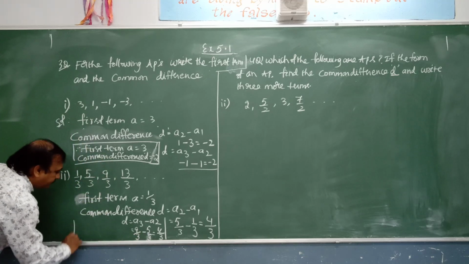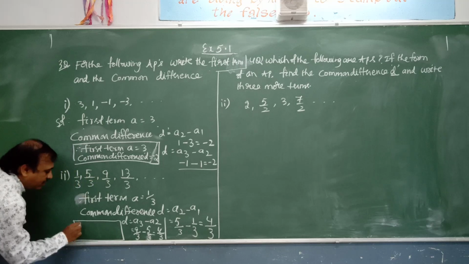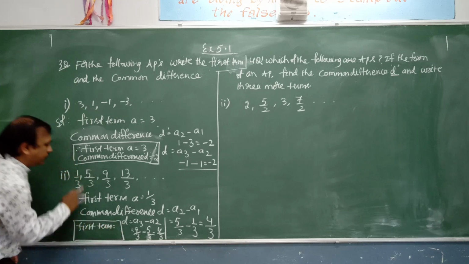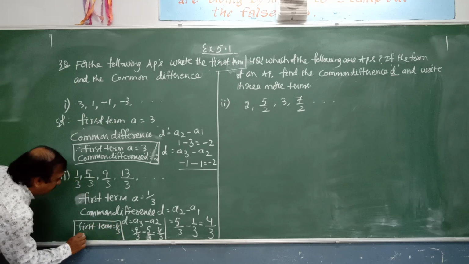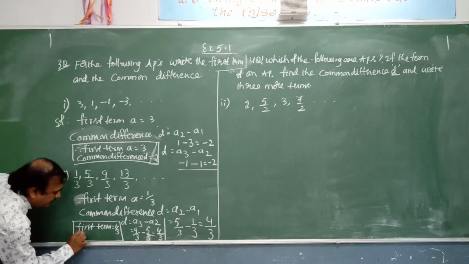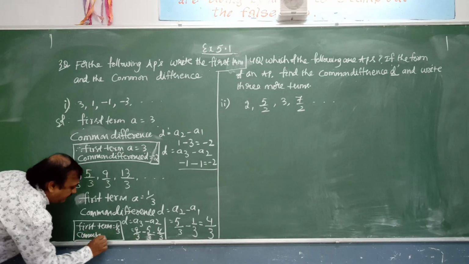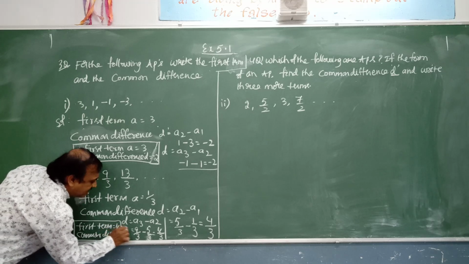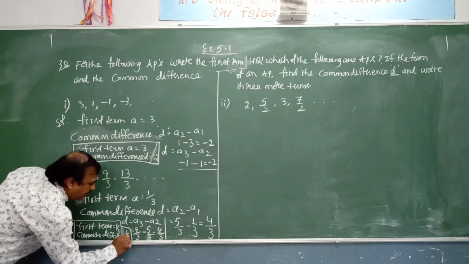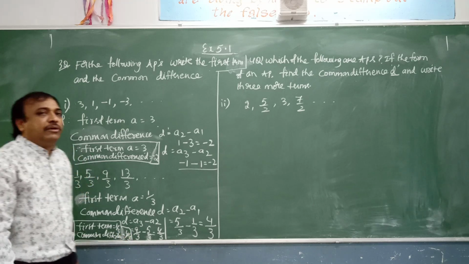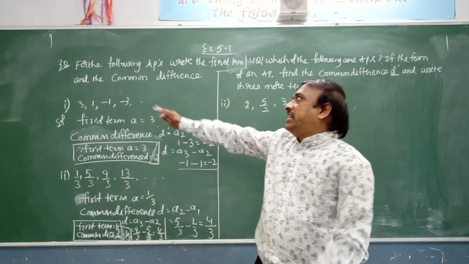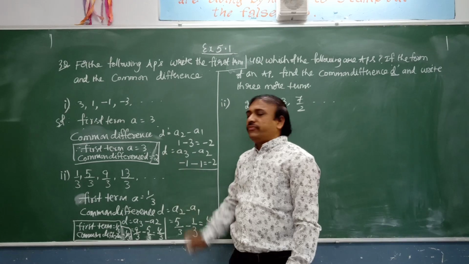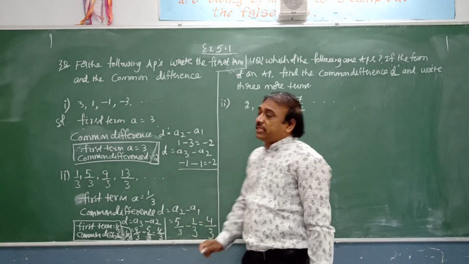Therefore, the first term is equal to 1 by 3, and the common difference is 4 by 3. Already the terms are in AP. You are identifying only the first term and common difference.